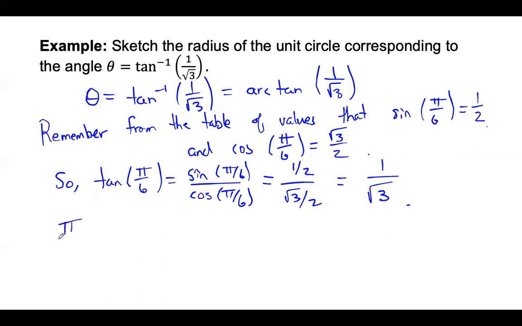This means pi divided by 6 is less than or equal to pi divided by 2, so it satisfies the bounds.